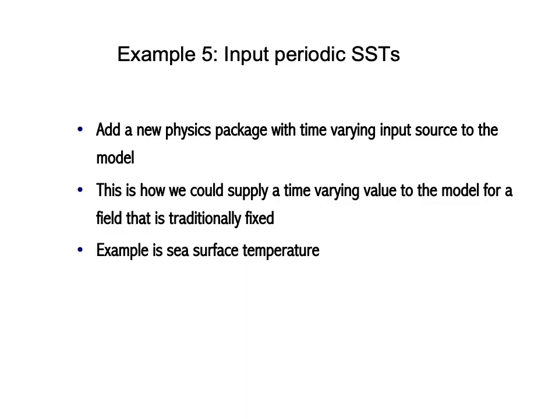We're going to add a new physics package, and this is going to be a trivial physics package. It's just going to be a brand new SST that was input. So this is an example of how we could supply a time-varying value to the model, but it's also mostly a template to follow if you're interested in trying to develop a new physics scheme.